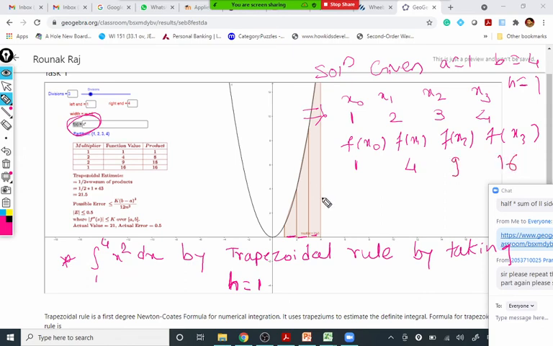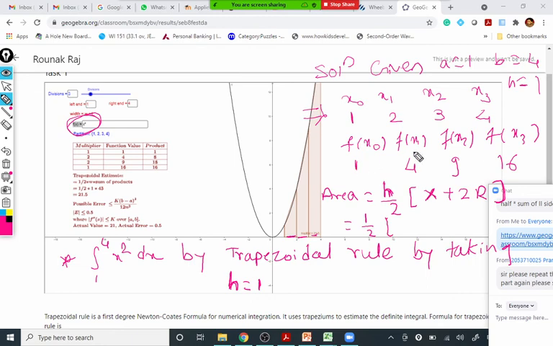Now therefore area, the formula for area by trapezoidal rule, is h by 2 in bracket sum of extreme ordinates, that is 1 plus 16, that is the sum of extreme ordinates, plus 2 times remaining ordinates. So this is the formula we are going to use. h by 2 into X plus 2R. So what is h? h is 1. It is 1 by 2 into sum of extreme ordinates.